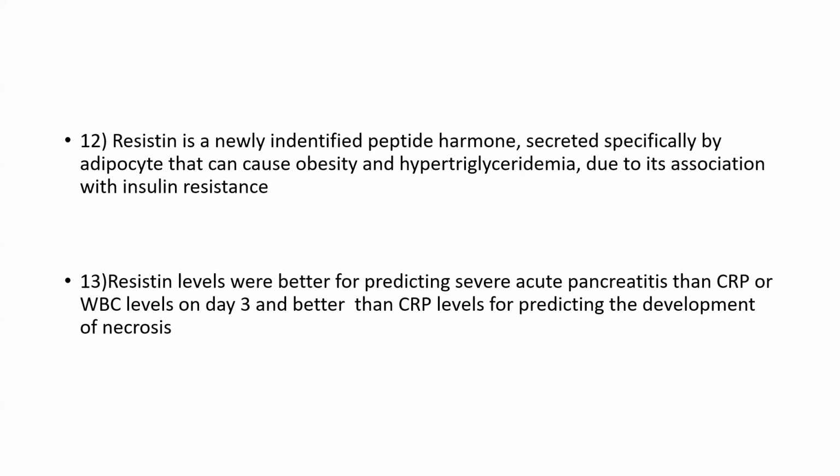Resistin is a newly identified peptide hormone secreted specifically by adipocytes that can cause obesity and hypertriglyceridemia due to its association with insulin resistance. Resistin levels were better for predicting severe acute pancreatitis than CRP or WBC level on day 3 and better than CRP level for predicting the development of necrosis.